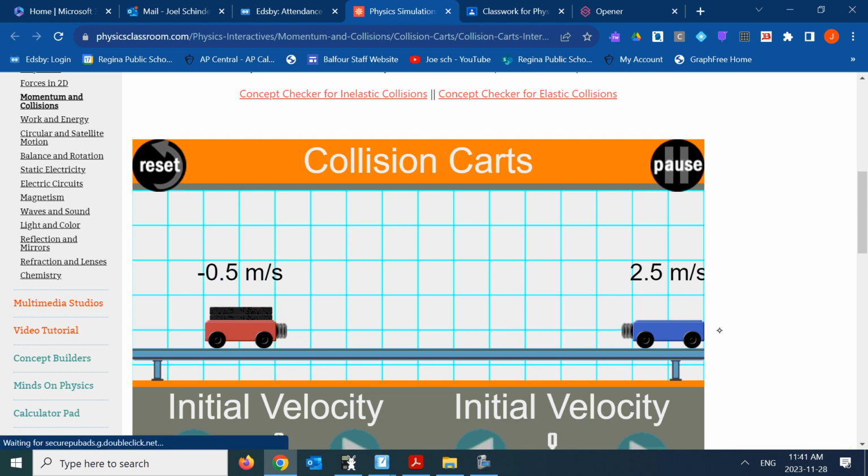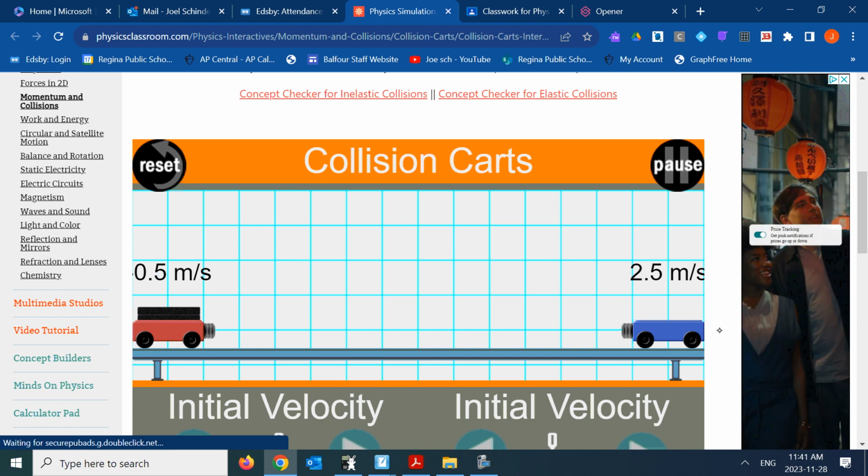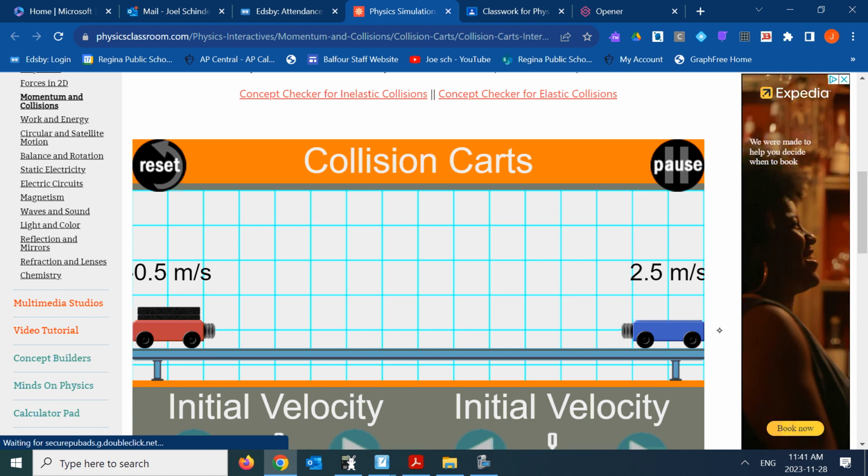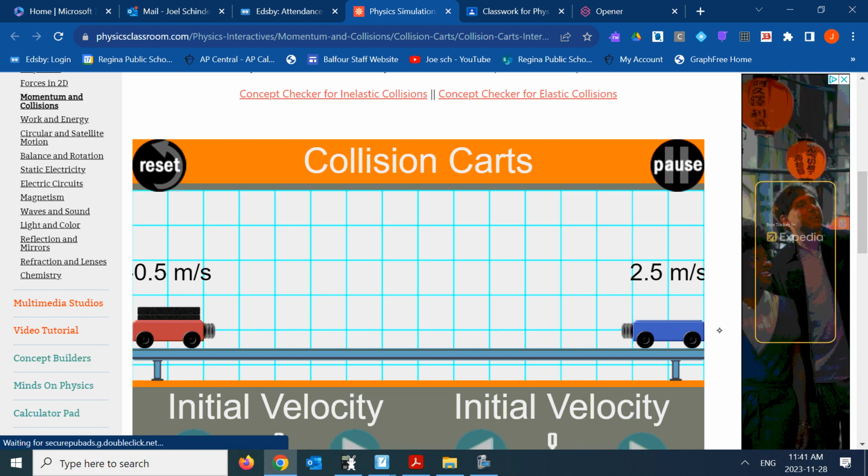Is it possible to have different masses, different velocities, and one stands still after the collision? Yeah, it's mathematically possible. We can find the right combination. They would have to have the same momentum when they hit. That's the whole thing.